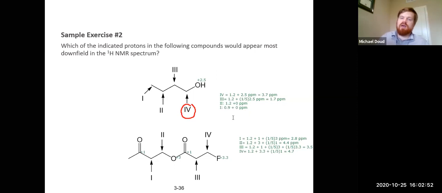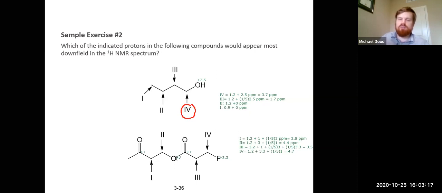Now, it gets a lot trickier on the second one down here. What I did first is list: here's a ketone, that's a +1 for the neighboring ones. This is an ester oxygen, which is +3, another ketone +1, and then down here, fluorine +3.3. So carbon 1 is alpha to this ketone, so that's +1 for its hydrogens.